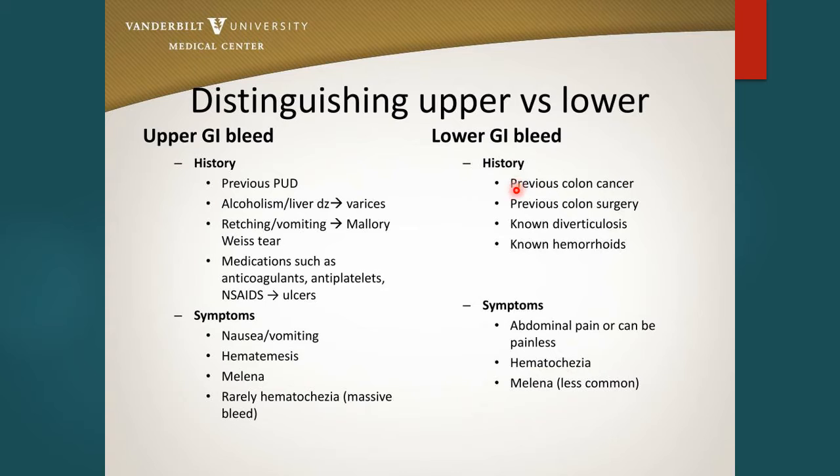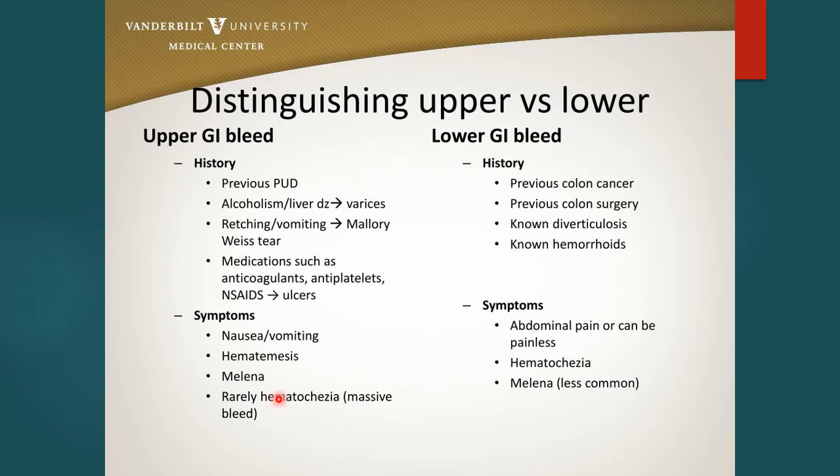Lower GI bleed, on the other hand, may have a history of previous colon cancer, previous colon surgery, known diverticulosis, and known hemorrhoids. As for the symptoms, upper GI symptoms accompanying upper GI bleed will be nausea and vomiting, hematemesis, melena, and rarely hematochezia.